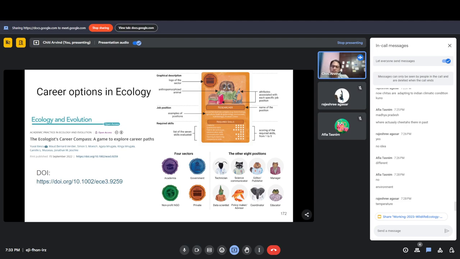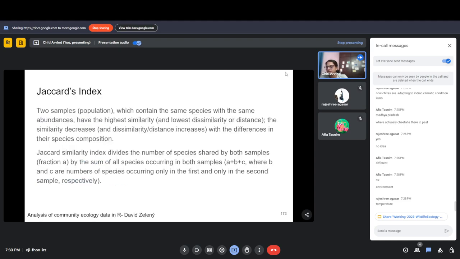Based on Afia's request, I have a couple of slides just to explain the Jaccard's index. When you're talking about community ecology and trying to calculate similarity and dissimilarity between 2 populations, you can use a similarity index or a dissimilarity index, and the Jaccard's index is a similarity index.